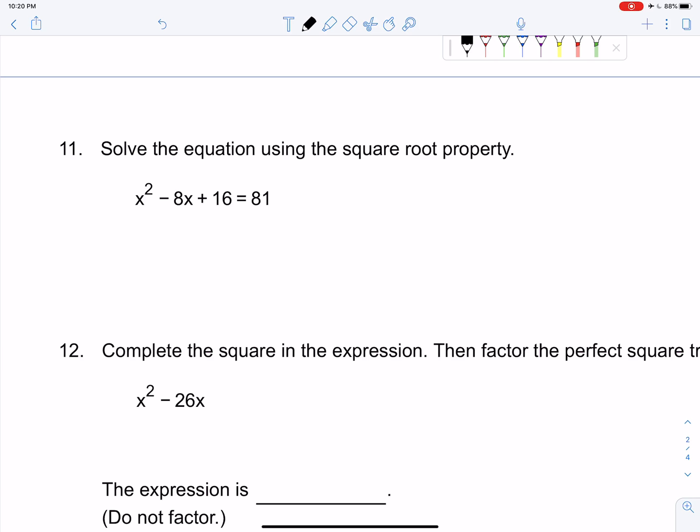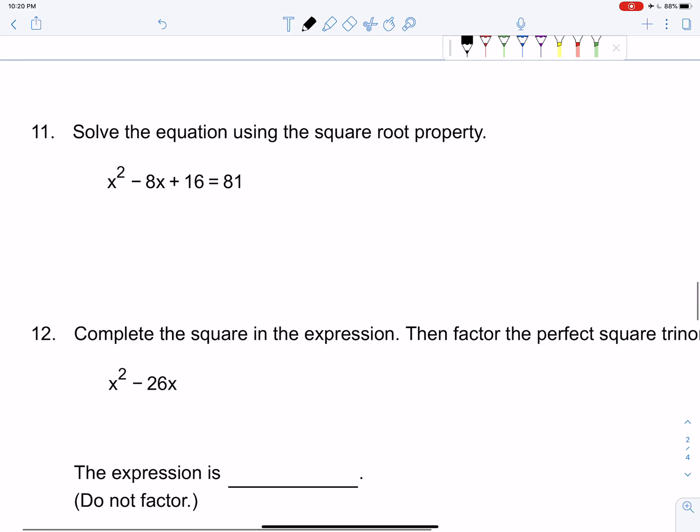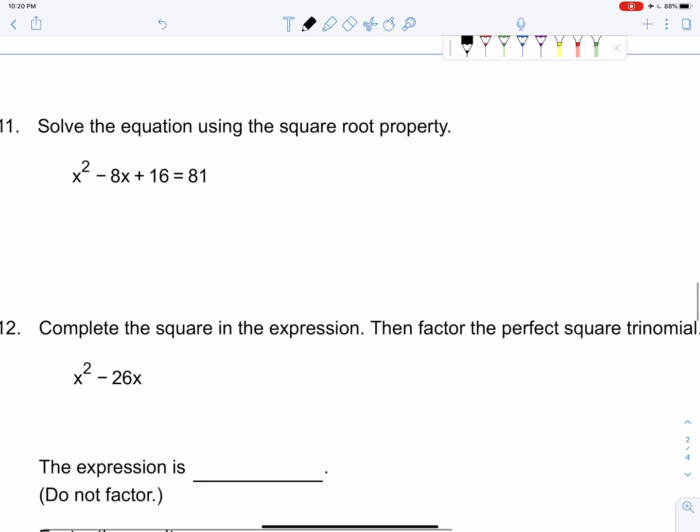Normally I don't know if I'd put this one first right now, but that's okay. Because sometimes this is hard to see right from the get-go, because normally we're going to subtract 81 on both sides, and that's normally what you do. But here we're looking for a perfect square. So this one's going to drive you a little bit crazy compared to what we're doing in the future.